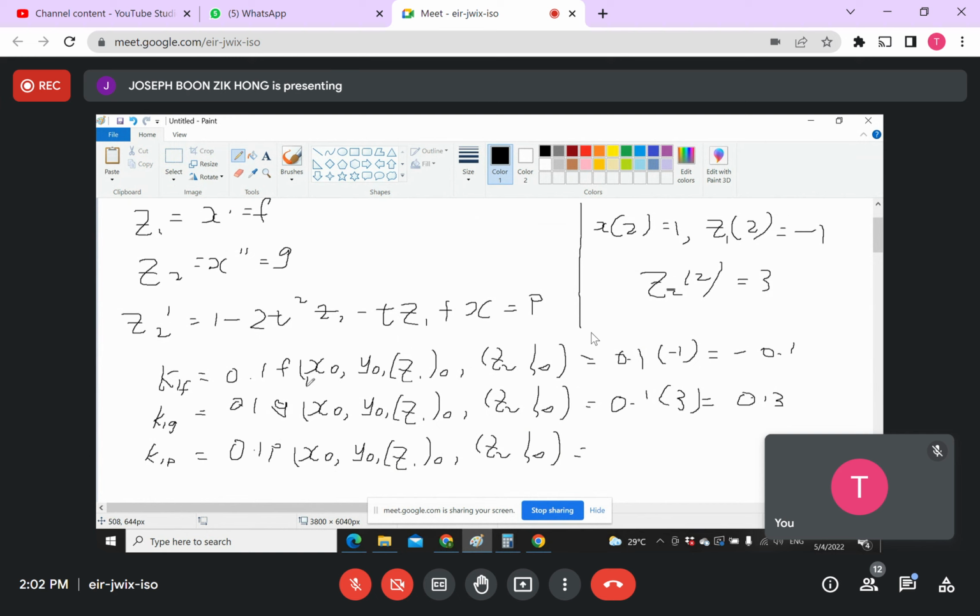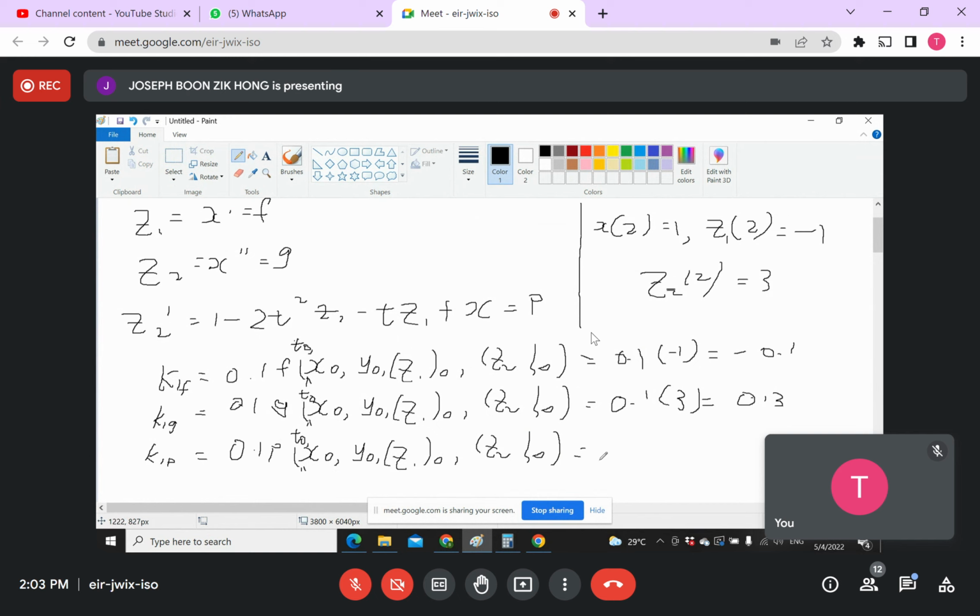I forgot the T naught. This one should have T naught in front. This one also should have T naught in front. Okay, my mistake. So it will be this formula again.